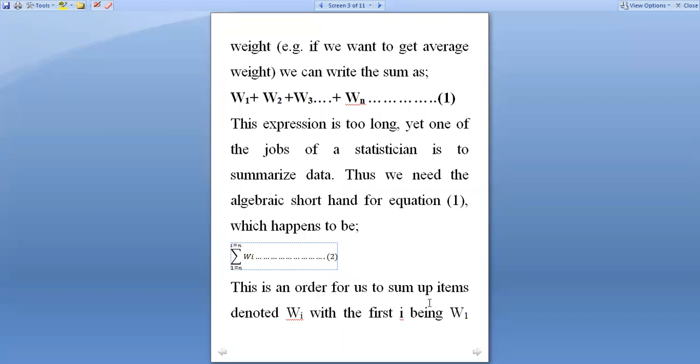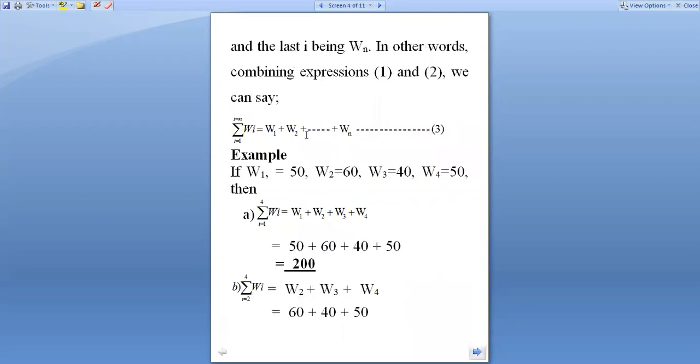It is telling us that you sum up observations on a variable W, where the first person i is W1 and the last person is Wn.